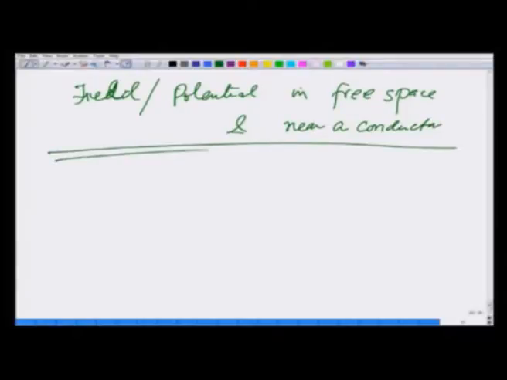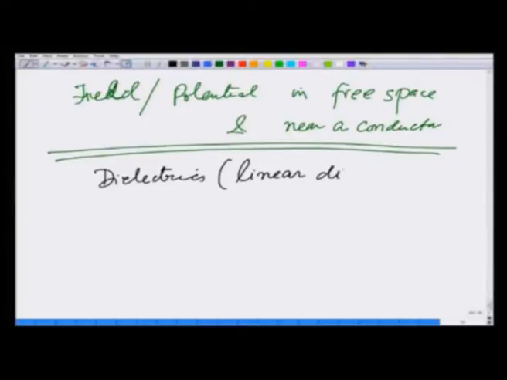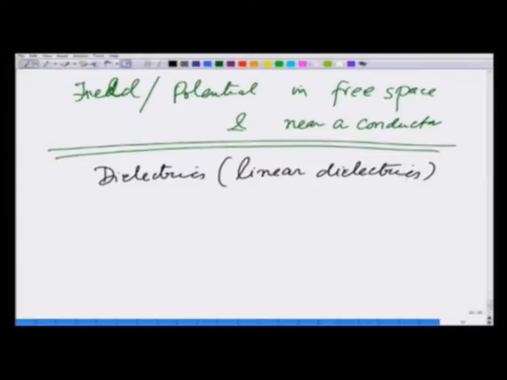What we want to talk about now is another kind of material and how they affect the fields, etc., is dielectrics. In particular, what we are talking about are linear dielectrics. To understand how dielectrics behave, we will first talk about polarization.